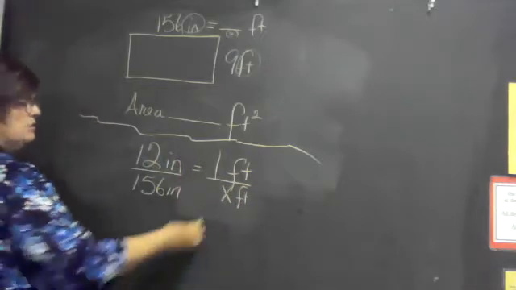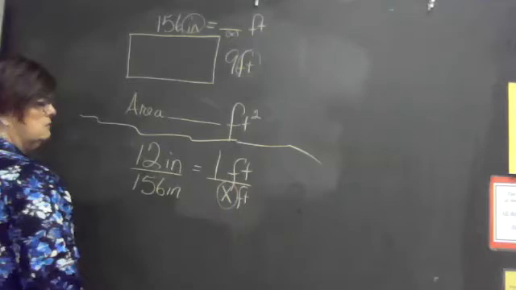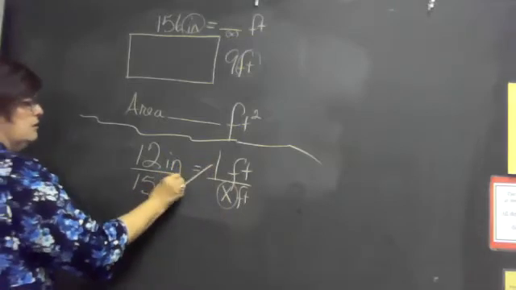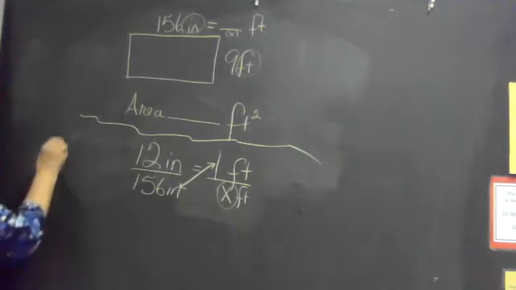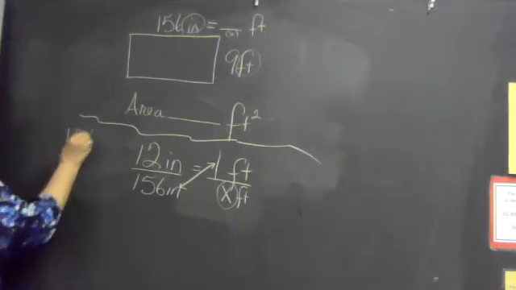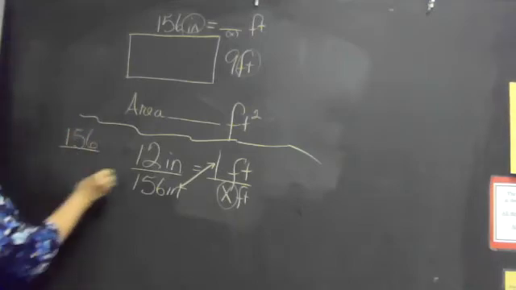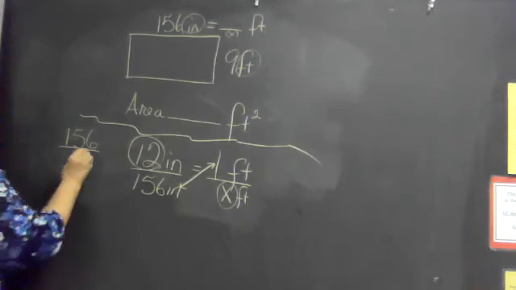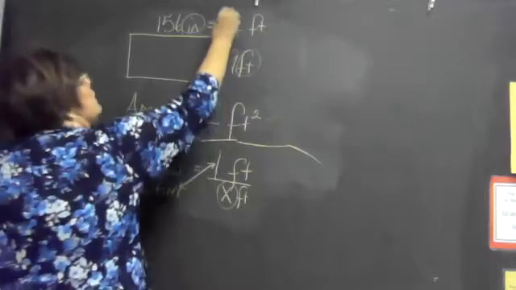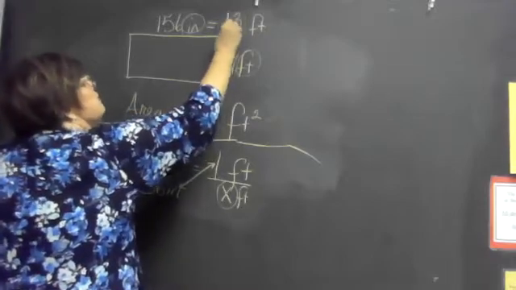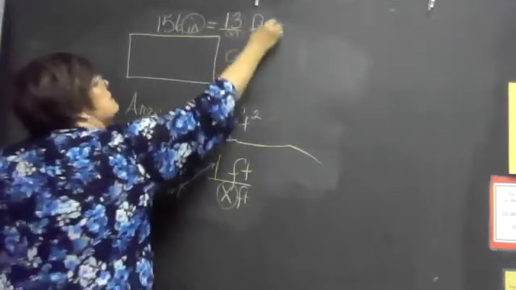Since we're trying to find X, you multiply across, the ones that don't involve the X. So I have 156 divided by the leftover. And what do you get? 13. And so now you have that the length is 13 feet.